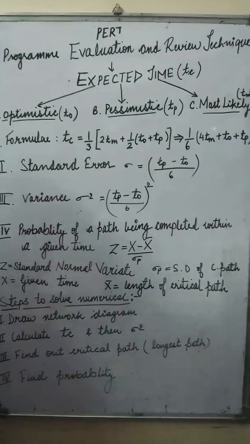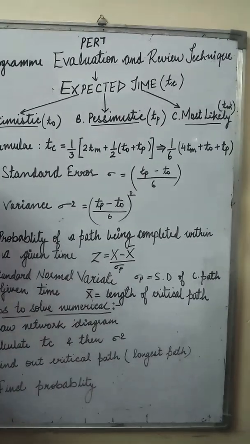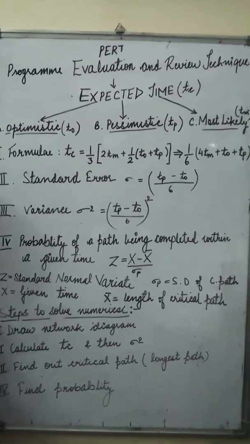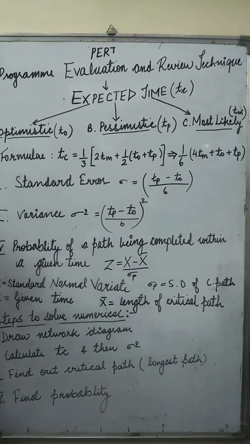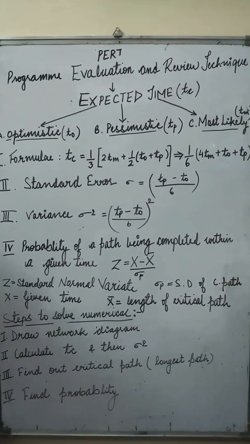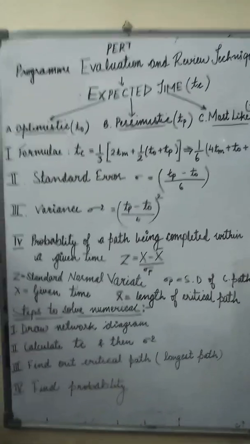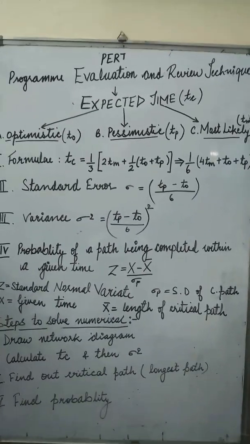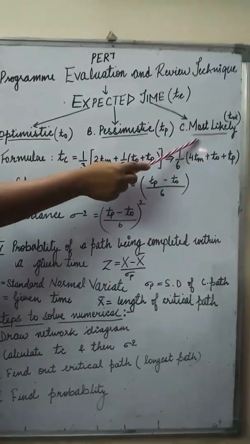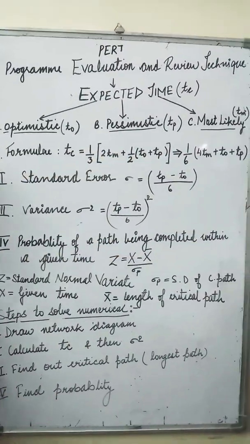Pessimistic time is the longest time with all types of delay. And the last one is the most likely time, the best estimate time for any project. Means it is the time when projects complete most of the time. So it is also known as the best possible estimate of time.